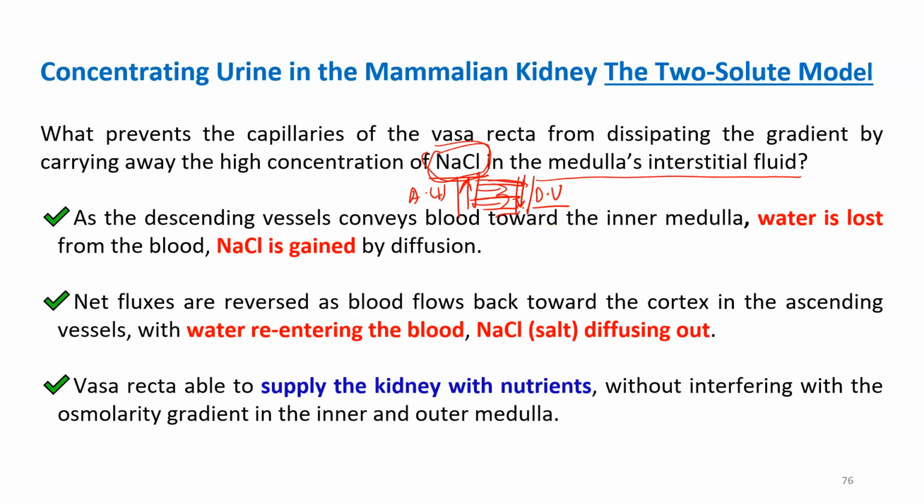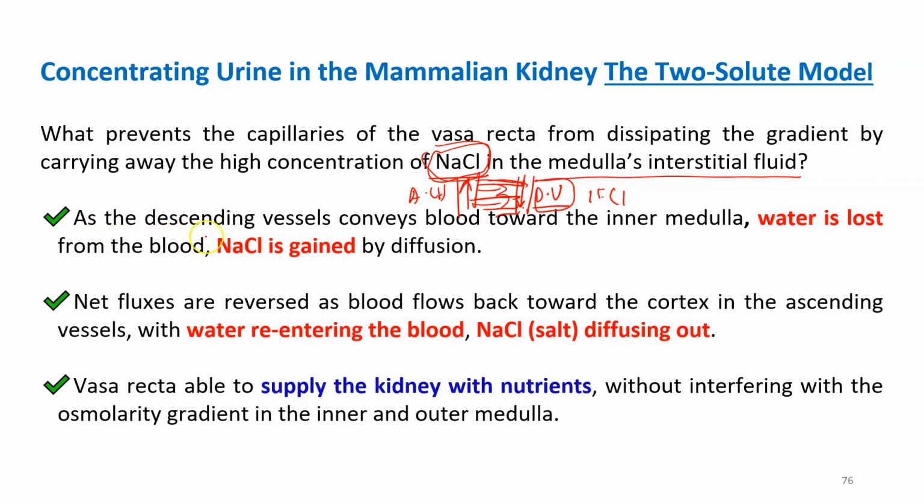So macam mana proses ni nak memastikan interstitial fluid ni will always have a high concentration of solute bila sodium chloride yang keluar daripada filtrate masuk dalam descending vessels. So ada proses dia yang terlibat. Okay, so kita akan tengok satu-satu lah.